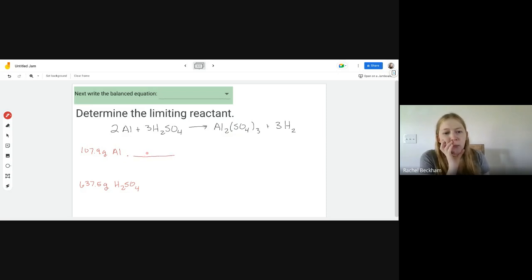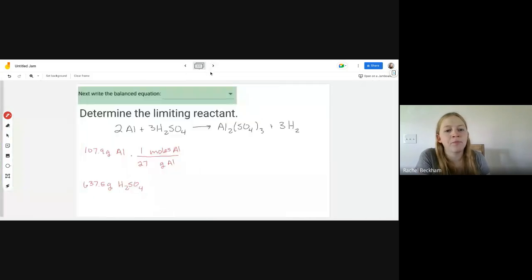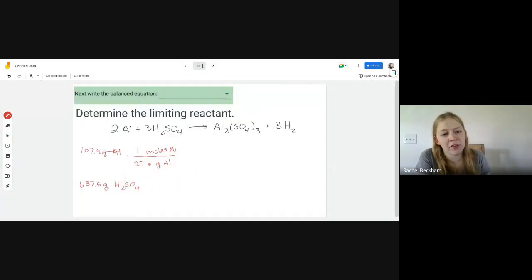So I'm going to put moles of aluminum on top and grams of aluminum on bottom. Now we need to put in the molar mass, which earlier we said was 26 or like 27 grams. Remember from this step, we said it was about 27 grams. The grams are going to cancel out. Now we're going to convert it to the moles of the product that we want.